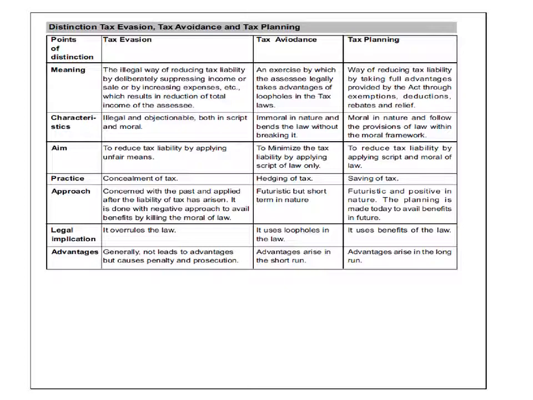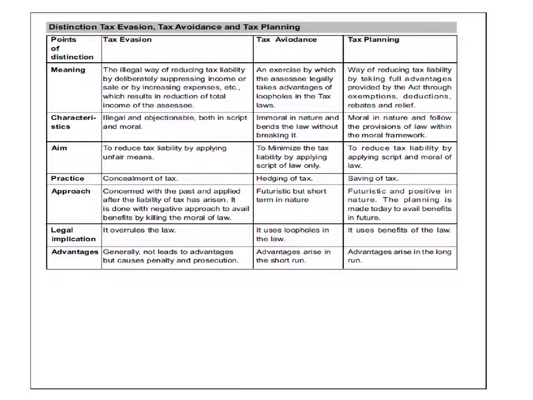That is called tax avoidance. What is tax planning? A way of reducing your tax liability. You read the entire Act, you know what the provisions are, and you find a way to reduce your tax liability. That is called tax planning.